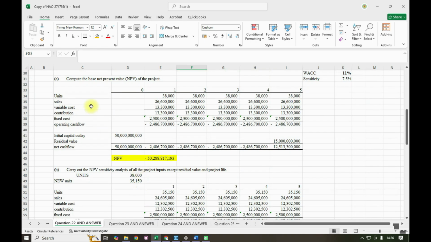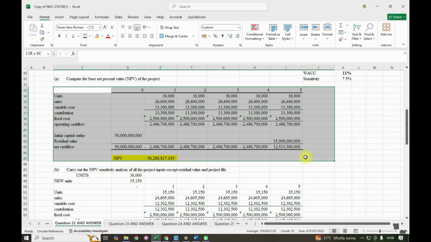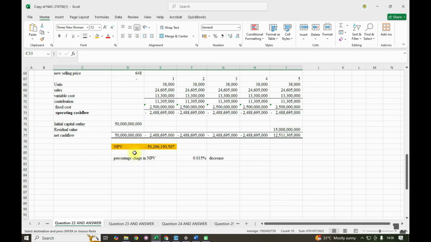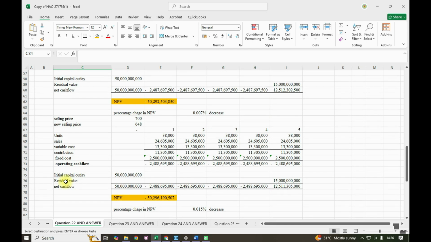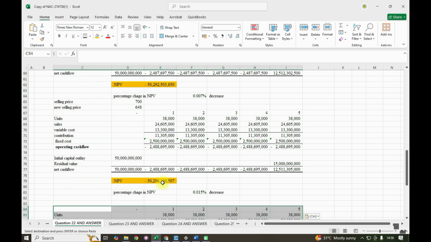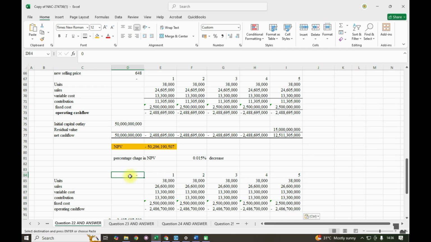We copy again the base. Copy the base case, and we shall paste it here. The base case. So I'll paste it here, and in this case now, so this is 0.